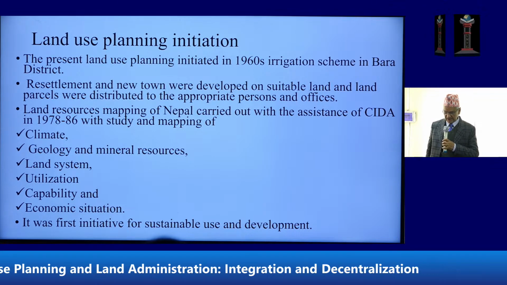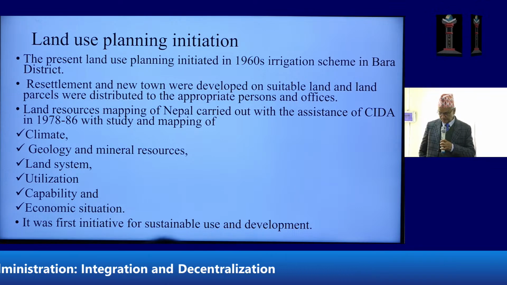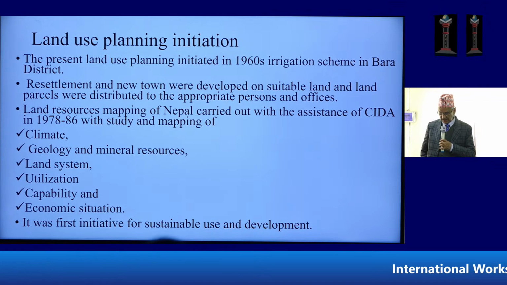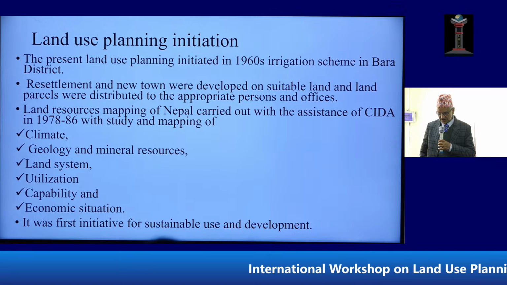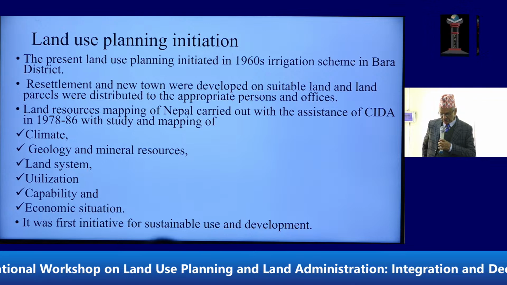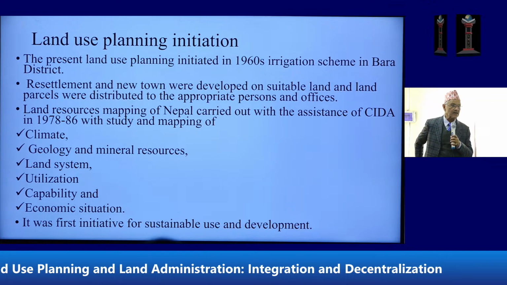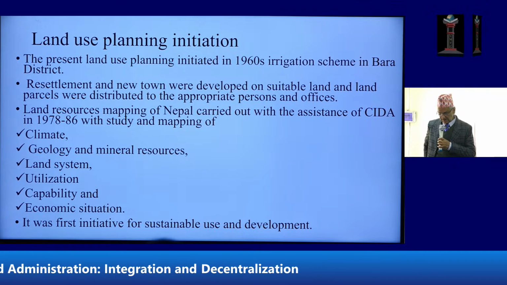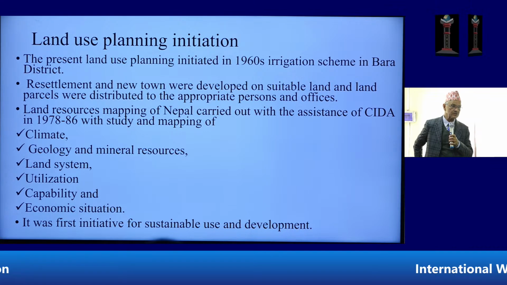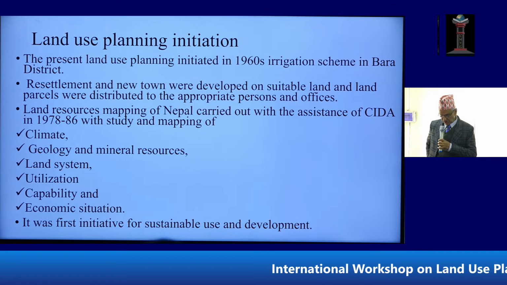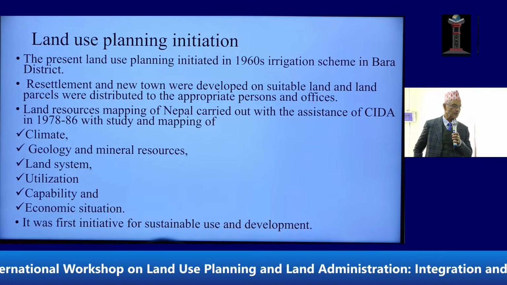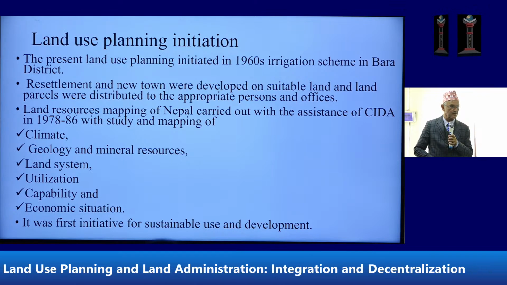In that project we had the climate map of the whole of Nepal, geology and mineral resources, mostly photogeology work, and land systems, that is the soil and landform, and then land utilization, which is what they now call present land use. I use the term land capability, that is the quality of the land without seeing the technology.